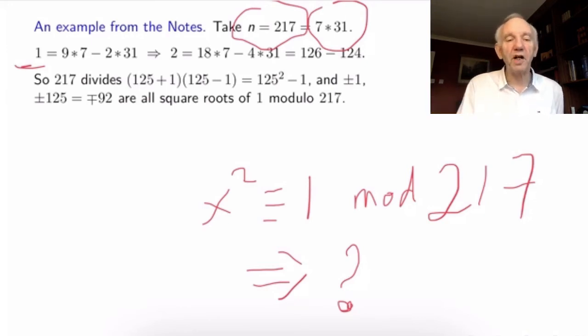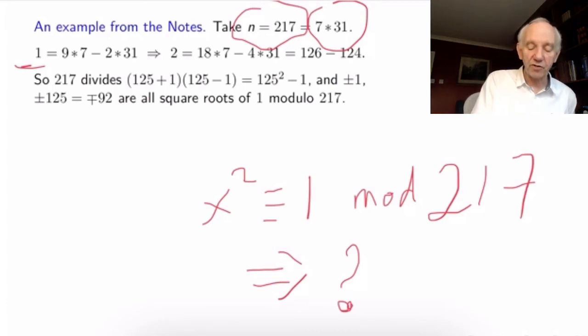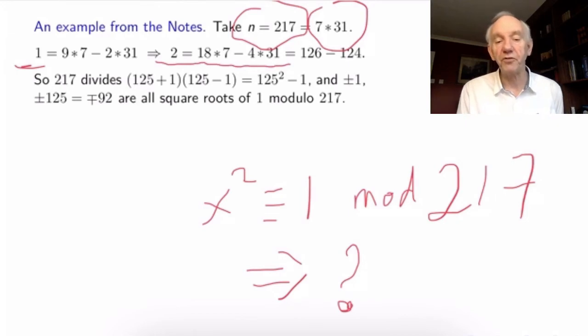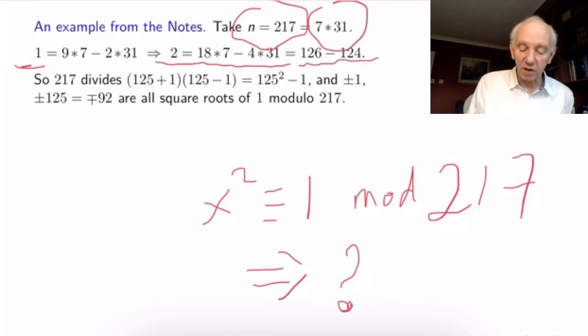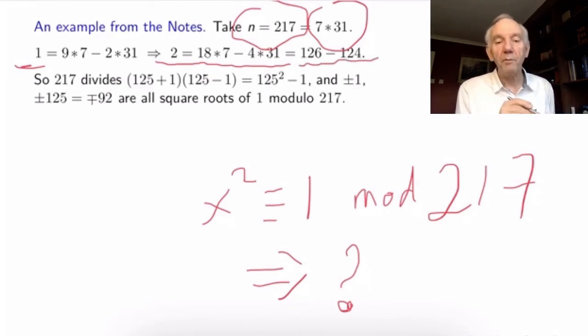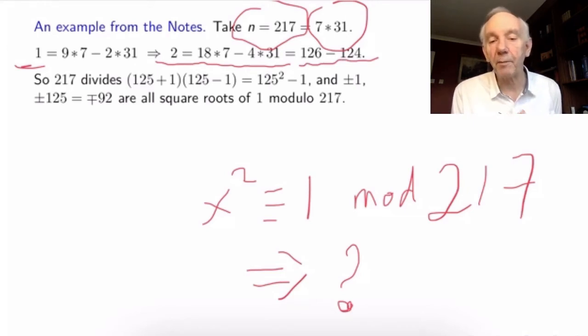If the greatest common divisor is 1, you can double the equation here and say that 2 is equal to this combination here of 7 and 31, and that allows you to write 2 as 126 minus 124, in which 7 divides the first number 126 and 31 divides the second number 124.